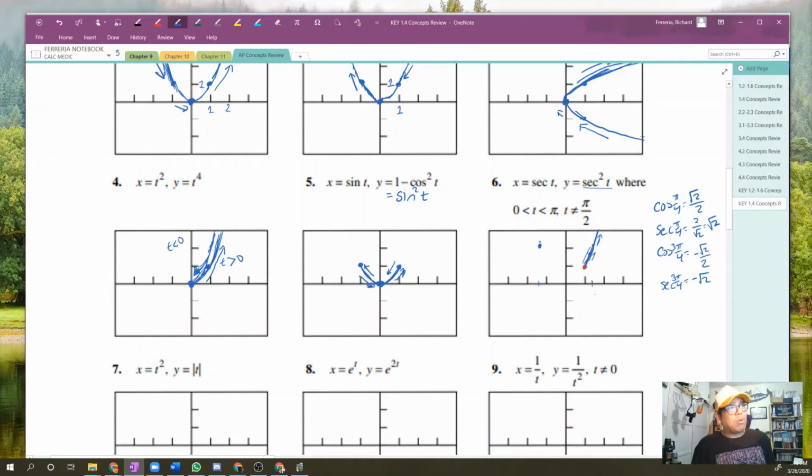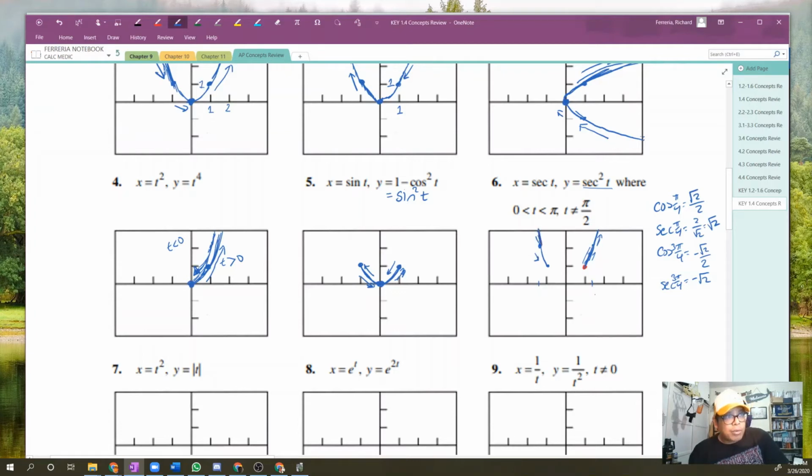And as we approach pi, the secant of pi is negative 1, and the secant squared of negative 1, of course, is 1. So we're approaching this point again, 1, 1. So we're heading in this direction toward that.